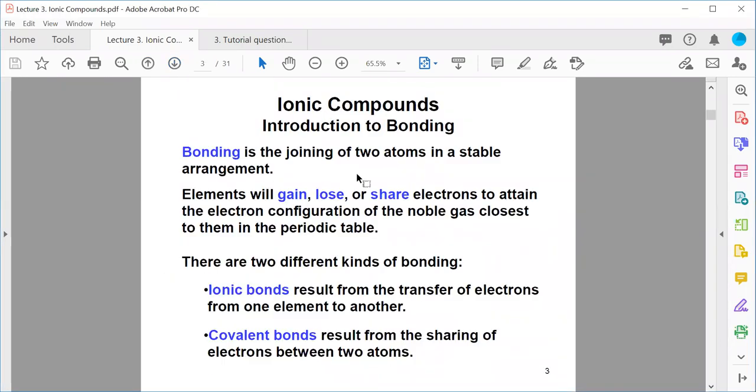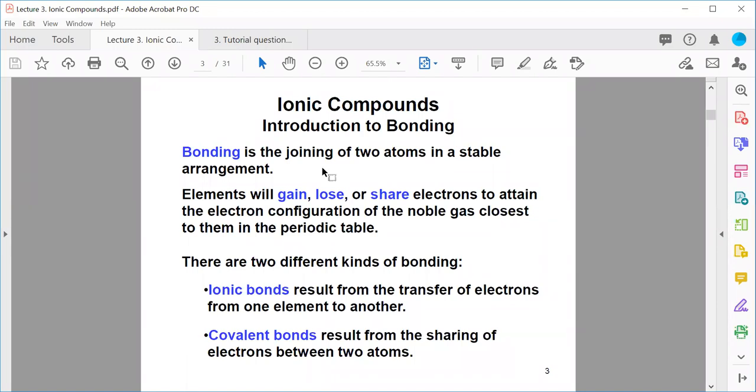All right, so we just thought about that concept of joining two or more atoms together, and that joining is referred to as bonding. There are lots of different types of bonding that exist in the world of chemistry, but we will be looking tonight at one major type of bonding and next week at the other major type.